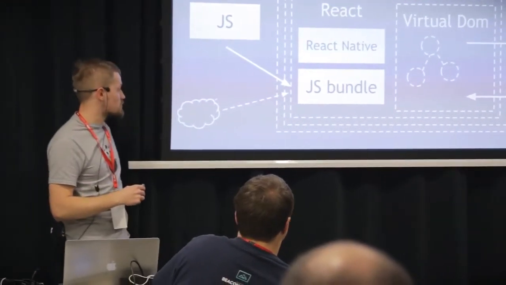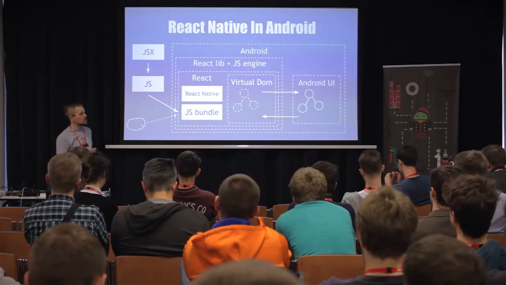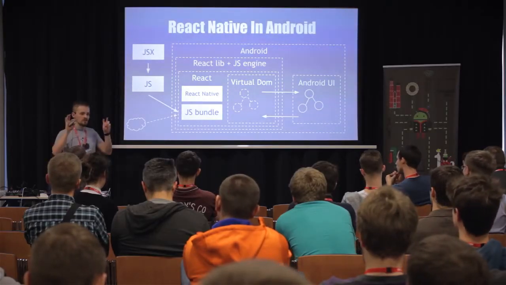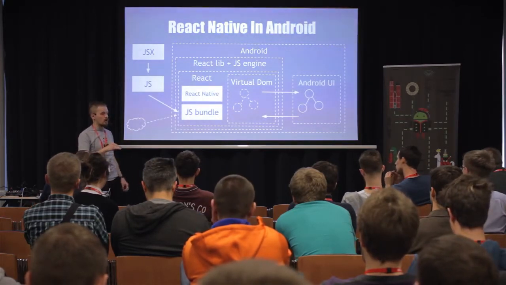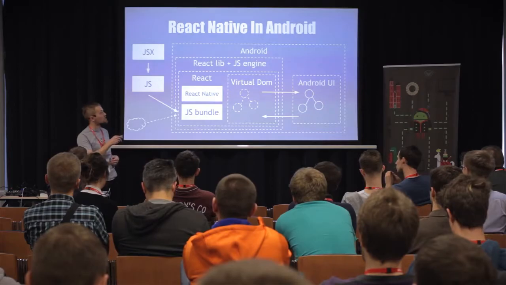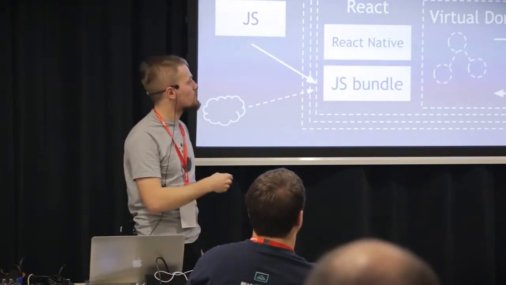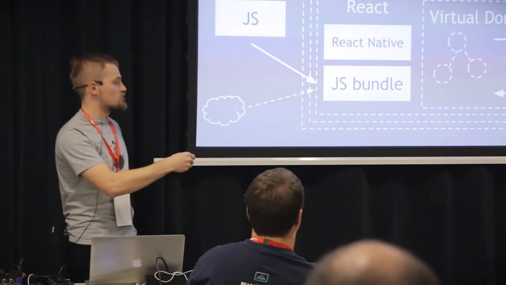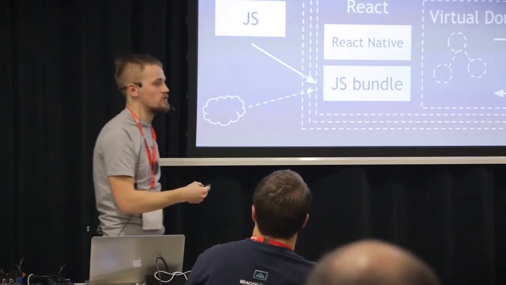And as you can see, we've got a cloud here, and we in fact can create, let's say, a shell application which has only the React Native engine, and we can fetch the whole app, the JS bundle, from, let's say, the web or our server.